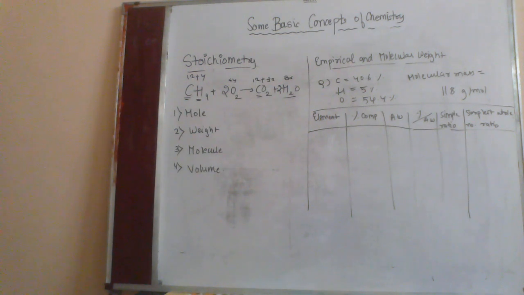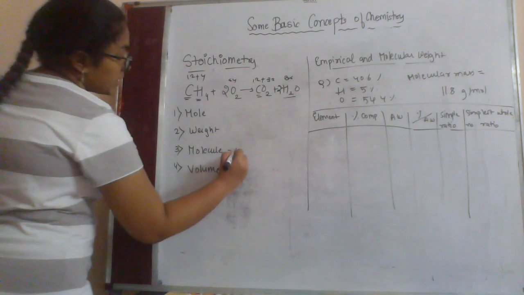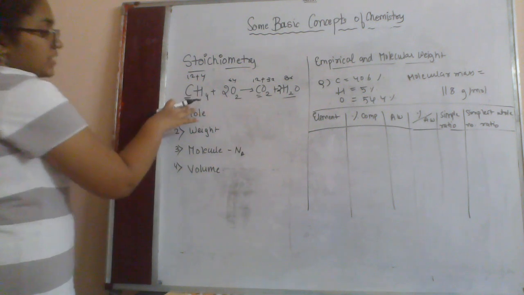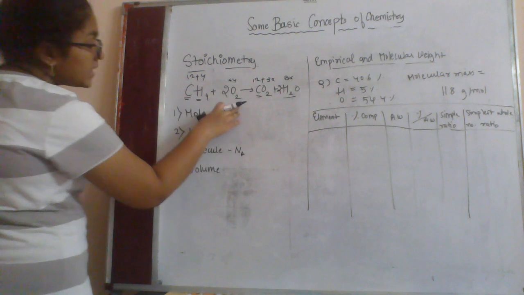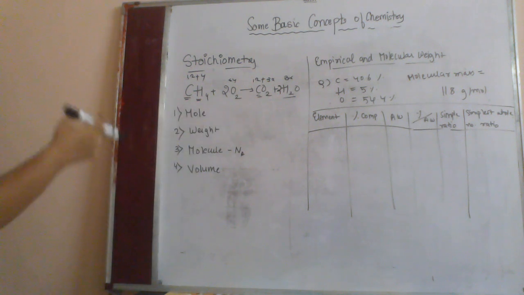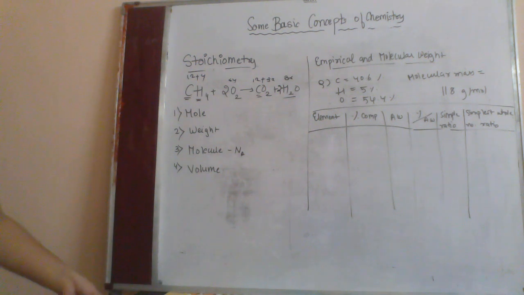Now coming to the form of molecules. We can say Na molecules, that is Avogadro's constant. Na molecules of methane reacting with 2 Na molecules of oxygen will give me Na molecules of carbon dioxide plus 2 Na molecules of water, or H2O.